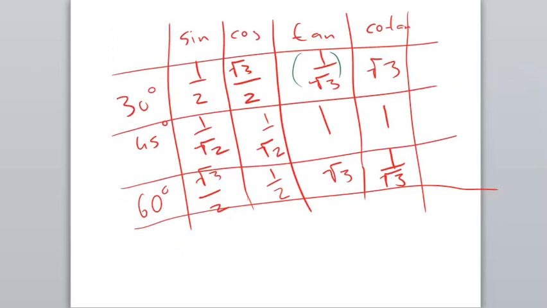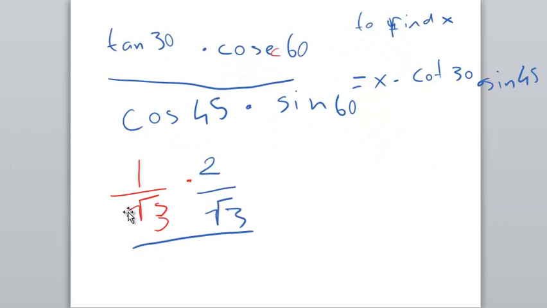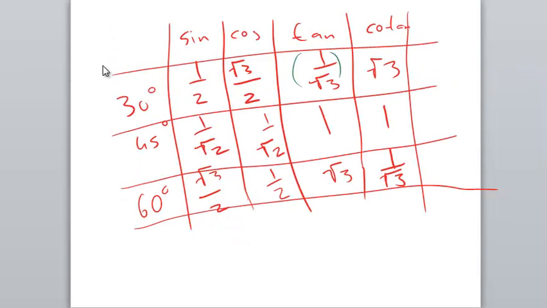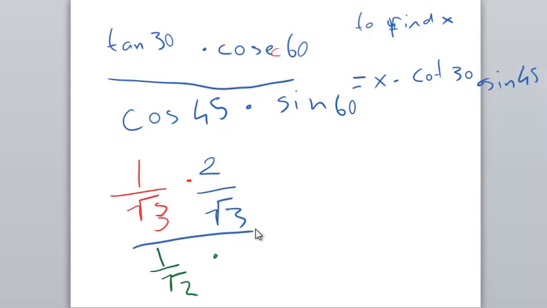Cosine 45 is 1 over root 2, times sine 60, which is root 3 over 2, is equal to x times cotangent 30.